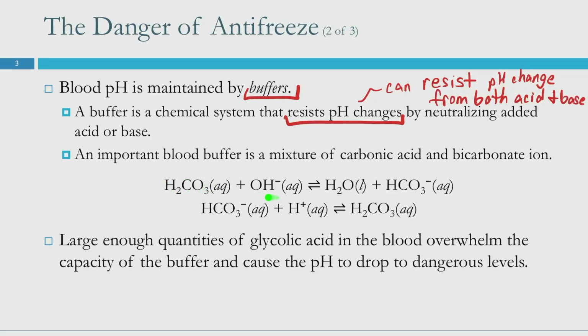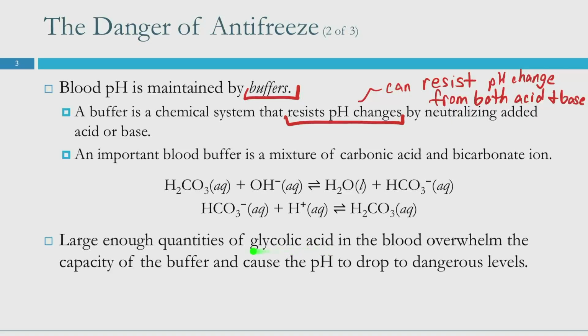Carbonic acid can react with added hydroxide to form bicarbonate ion and water. And the bicarbonate ion that's also present in the bloodstream at the same time can react with protons or hydronium ions to reform that carbonic acid. So both of them are in there at the same time.